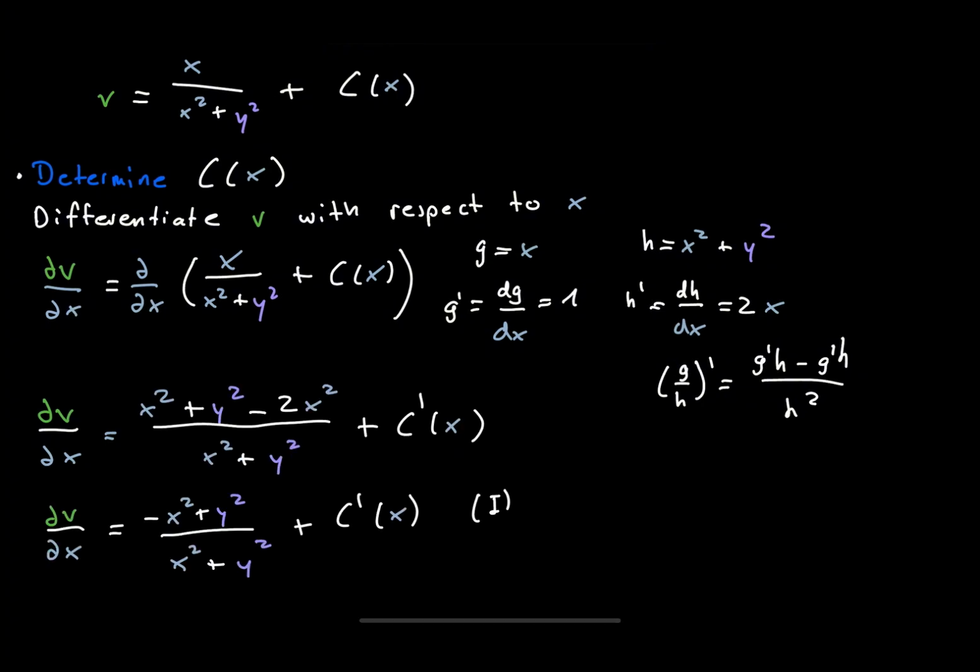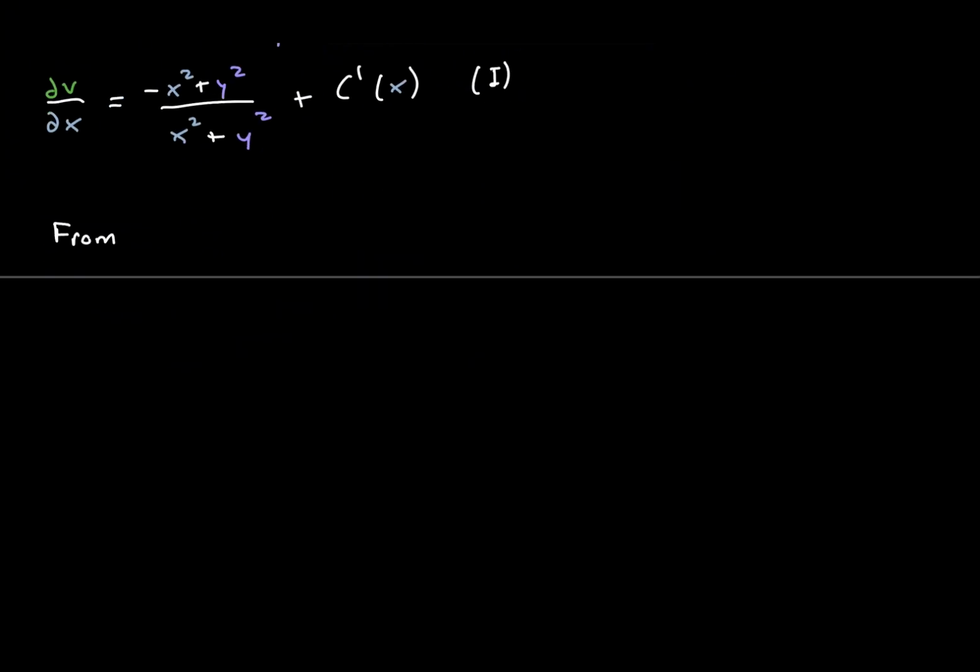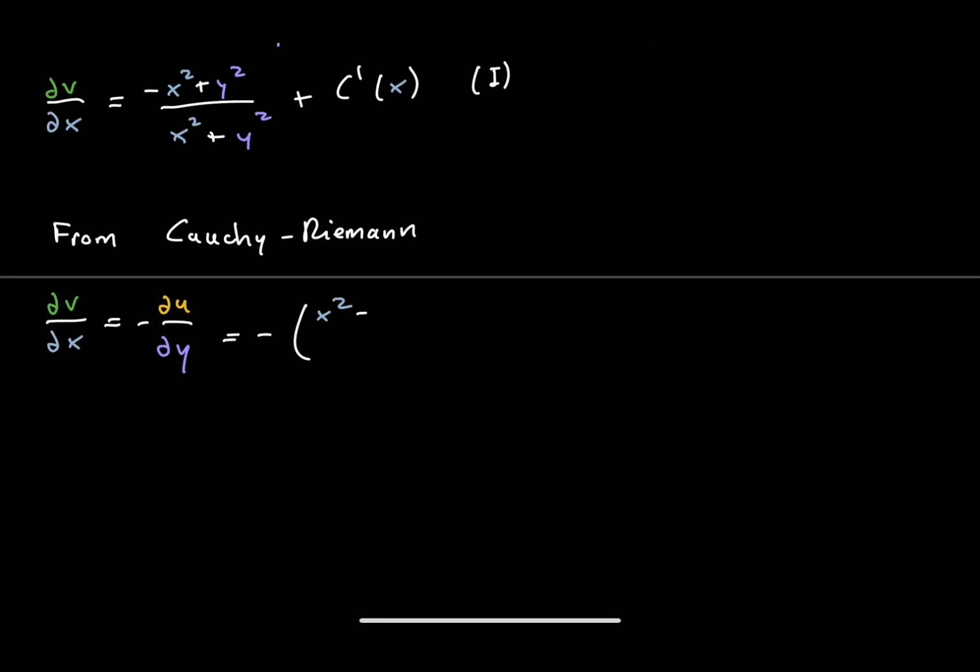But from the second Cauchy-Riemann equation, and since u sub y equals x squared minus y squared over x squared plus y squared, all squared, this means v sub x must equal minus x squared plus y squared over x squared plus y squared, all squared.